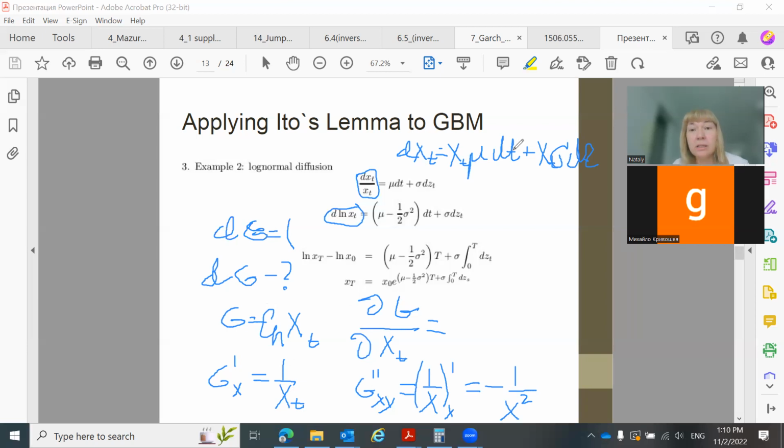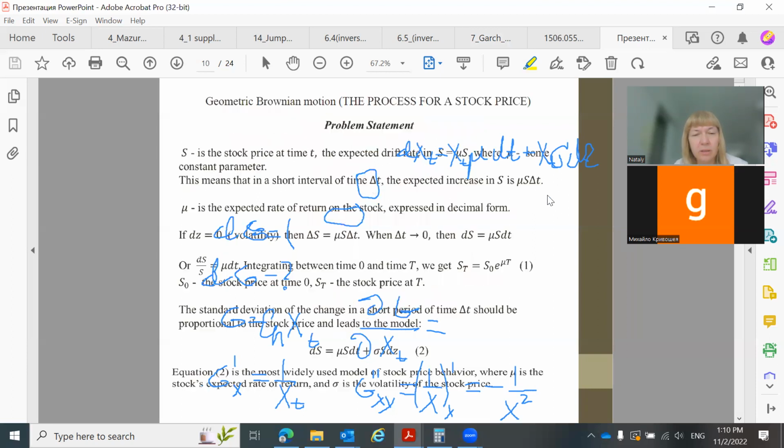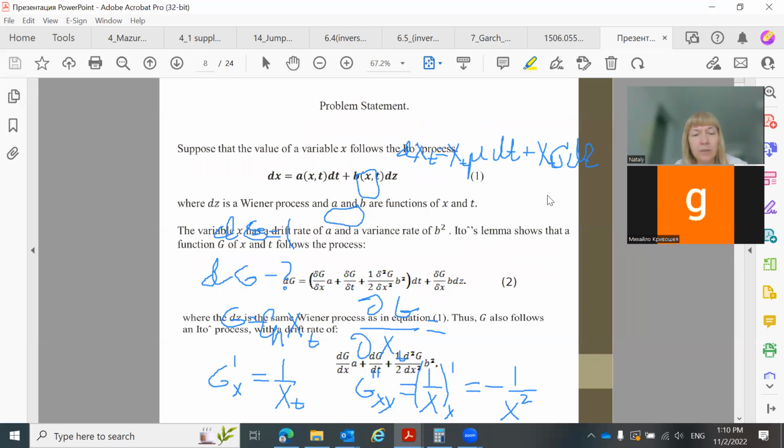Okay, let us remind ourselves of Ito's lemma. So dg with respect to dx multiplied by a, then the derivative with respect to t, which is 0, and the second order multiplied by half and b squared, okay?